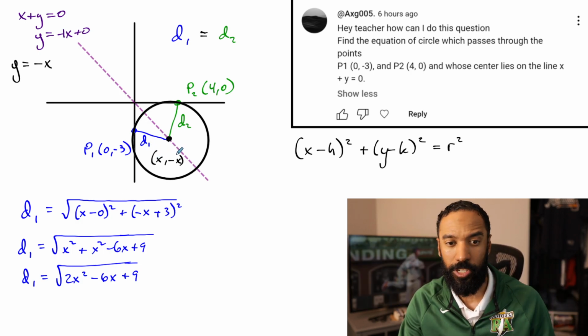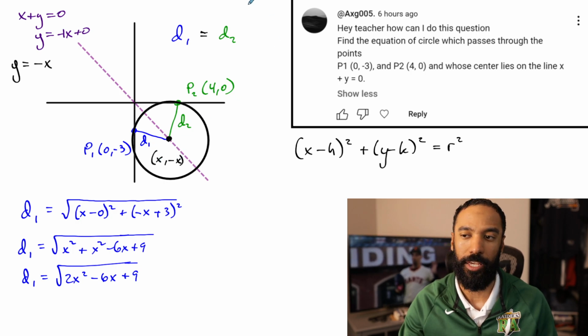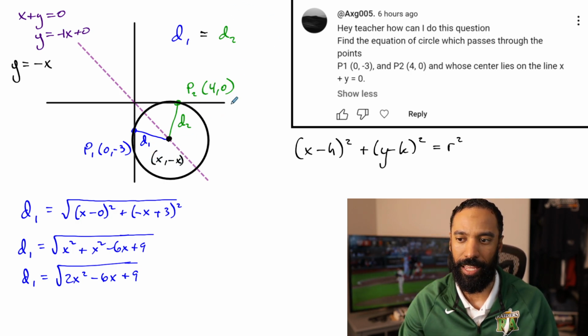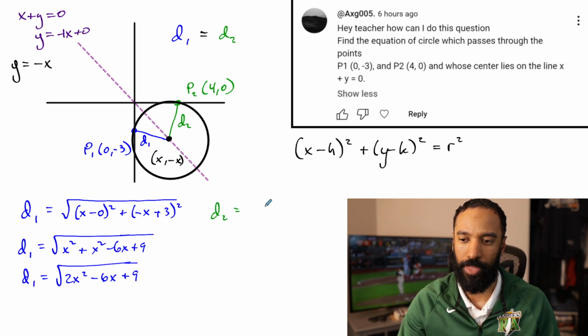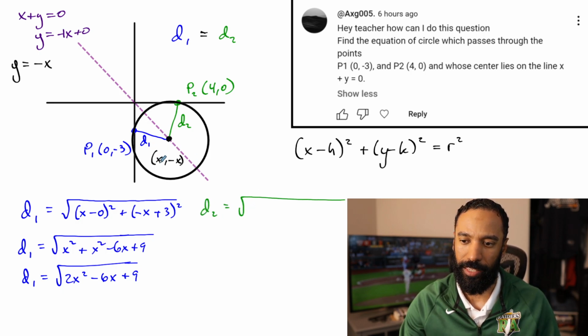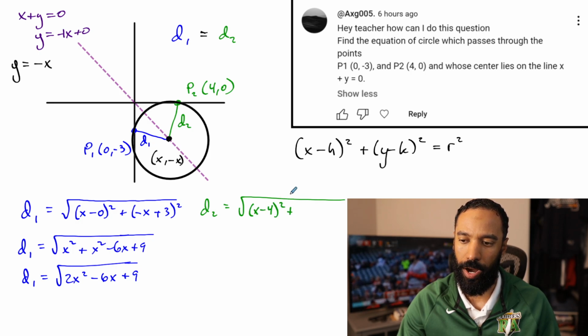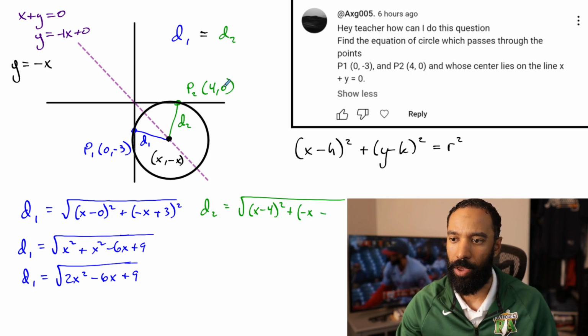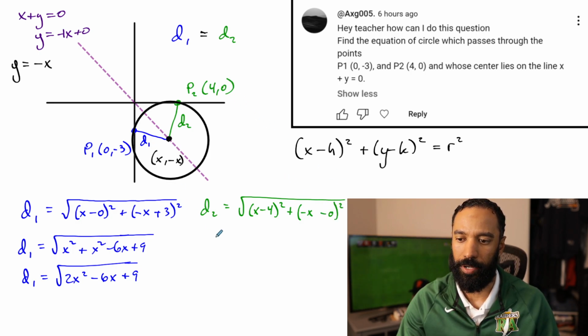I can also express D2 in terms of x, because both of these have x's there. We're finding the distance between x and 4 and -x and 0. So I can do the same thing: the square root of x2 minus x1 quantity squared plus y2 minus y1 quantity squared.